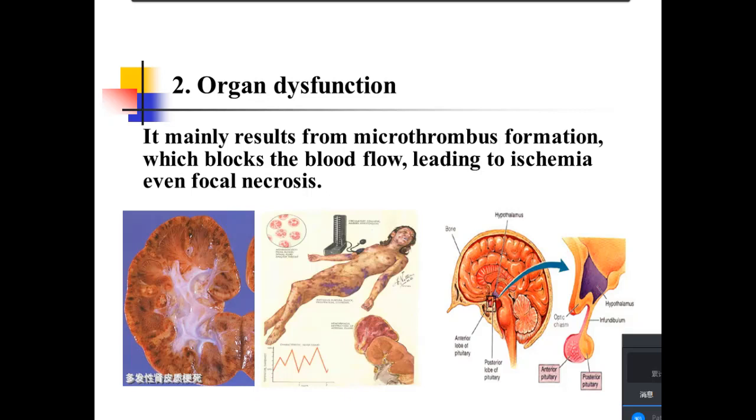During the first stage, microthrombus forms. Microthrombus can block the vessel. If it blocks the heart vessel, it leads to heart ischemia, so ATP production decreases, contractility decreases, cardiac output decreases, and heart failure happens.